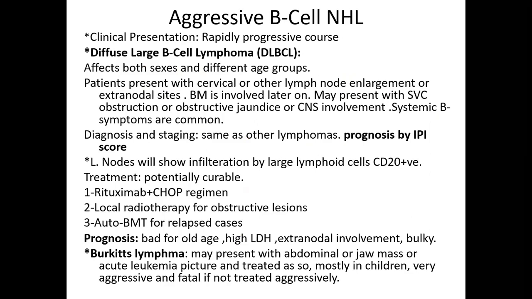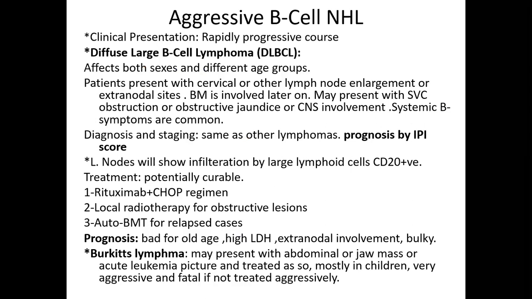Bone marrow involvement occurs later in the disease, not from the early beginning like in indolent non-Hodgkin lymphoma. It can present just like Hodgkin disease with obstruction, superior vena cava obstruction or obstructive jaundice, and even CNS involvement can occur. Systemic B symptoms are common.